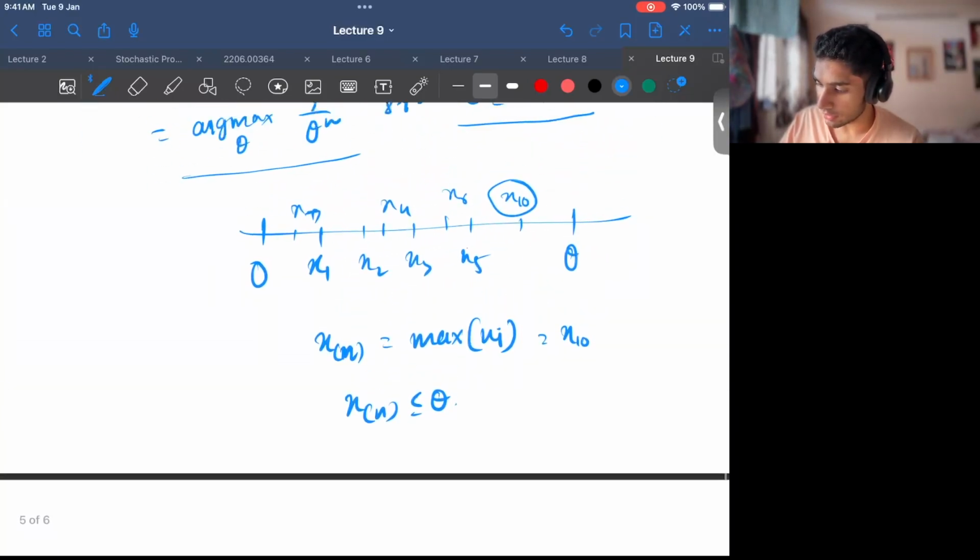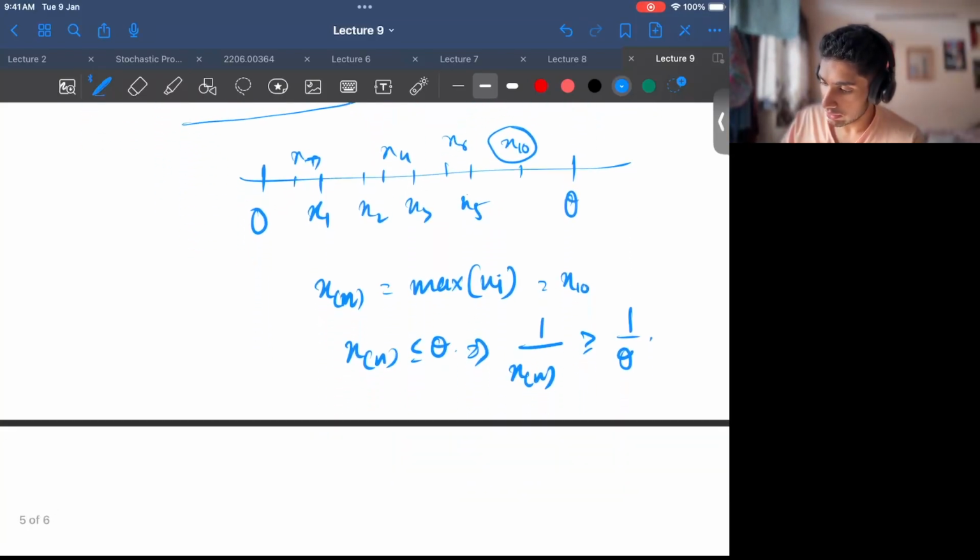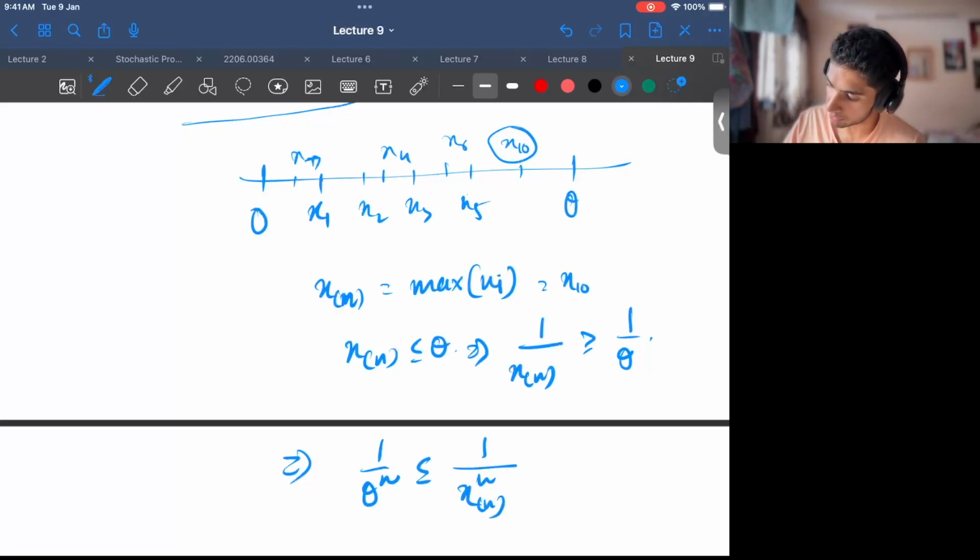What will this mean? This means that 1 over x sub n will be greater than or equal to 1 by theta. From here, what you can write is, 1 by theta, just raise everything to power n, will be less than or equal to 1 by x sub n raised to power n.